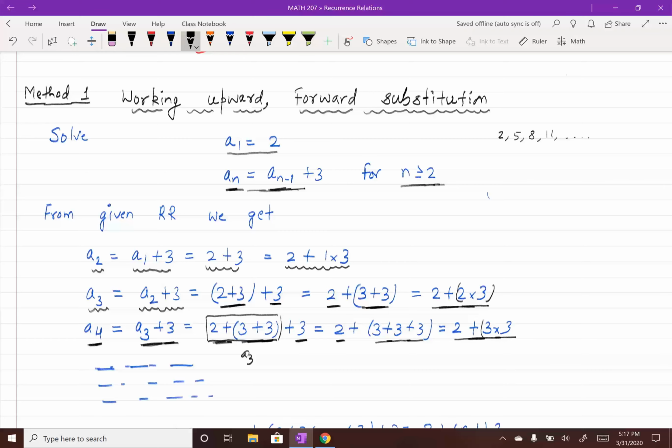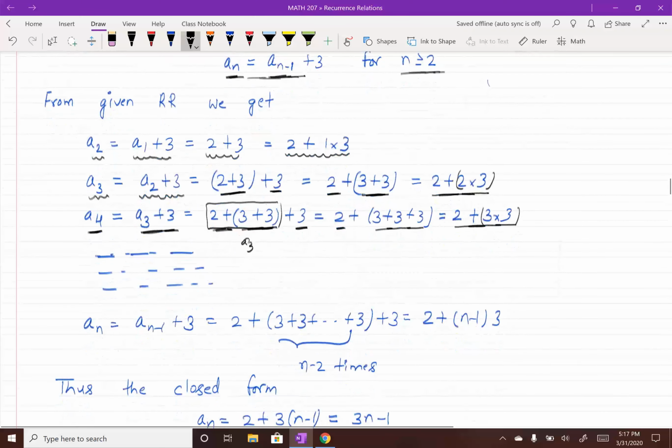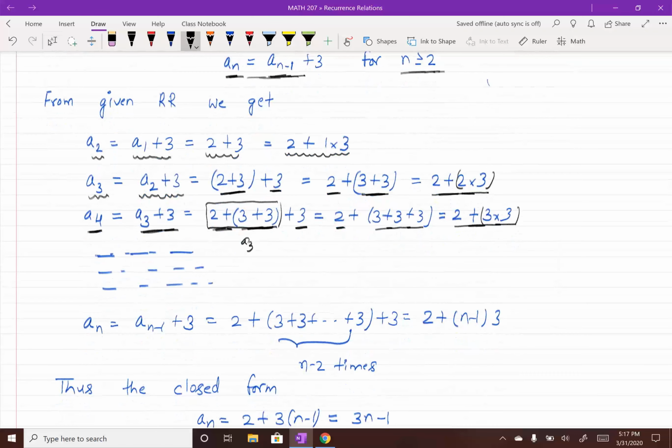If you keep following this, then the nth term of this sequence, a of n, can be generated by a of n minus 1 plus 3, and that can be written as 2 plus 3 plus 3 plus 3 all the way up to 3, and those are n minus 2 threes here.